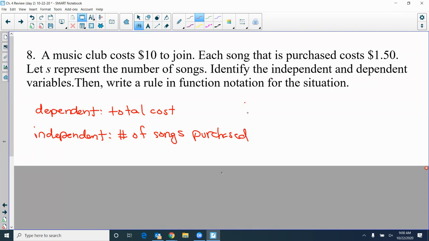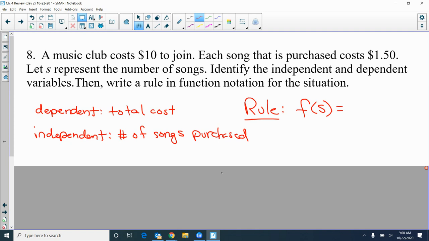Okay, your rule has to be in function notation. So let me give you a clue. Since it said your variable is s, you have to start with f of s, like f of something. Since it tells you to use s for your variable, what's it gonna be?